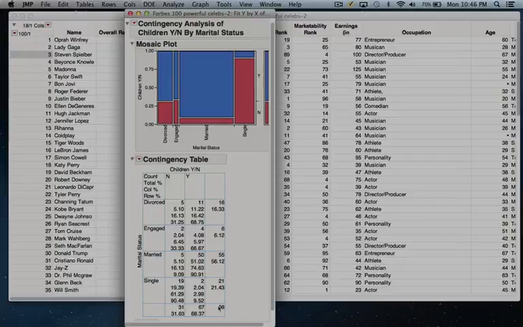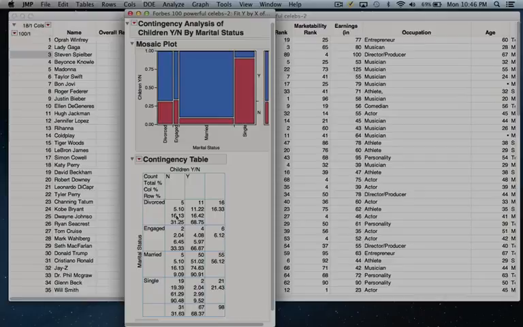And then let's take a look at the column percent. The column percent we get by dividing this number right here by the total number that fell in the no children column, which is 31. So 31 celebrities had no children. So we divide this number right here by 31, and we get 16% of celebrities. Again, we can do that with the divorced and yes.